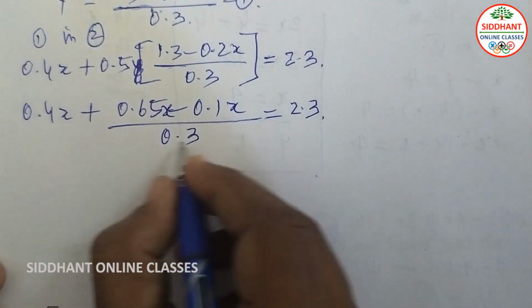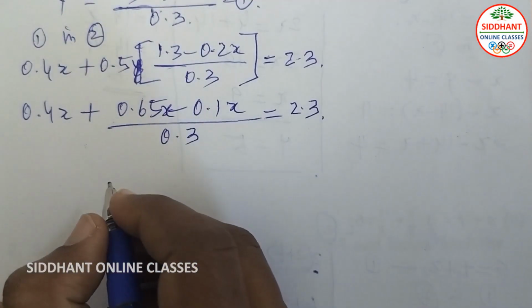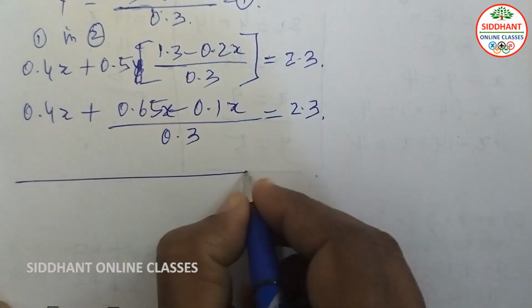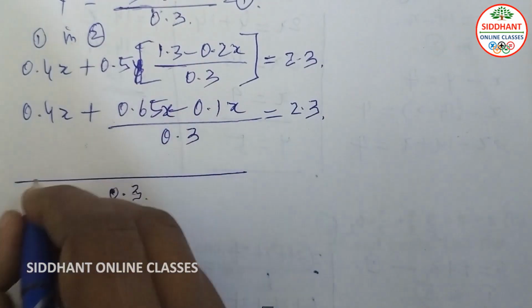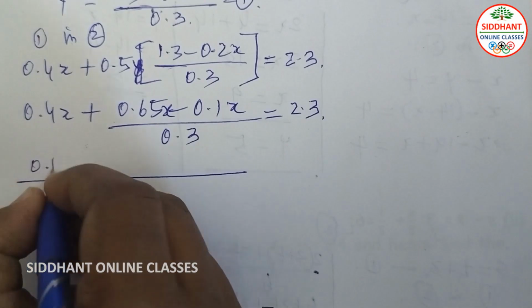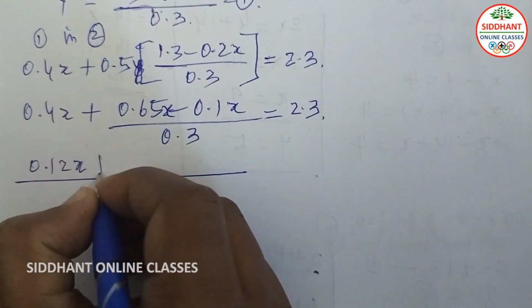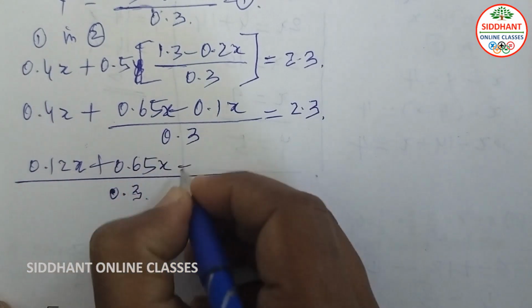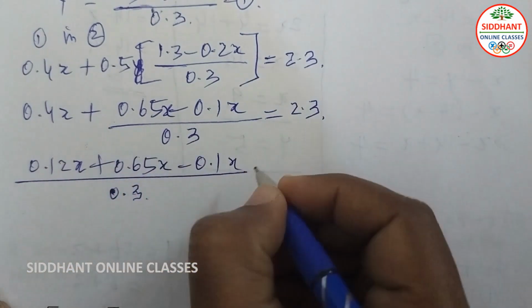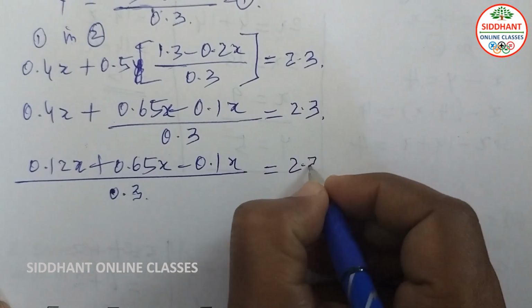So afterwards we are going to take the LCM, 0.3. So 0.3 into 0.4 will be 0.12x plus 0.65 minus 0.1x, which is equal to 2.3.